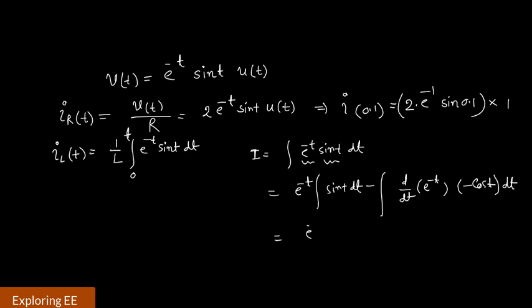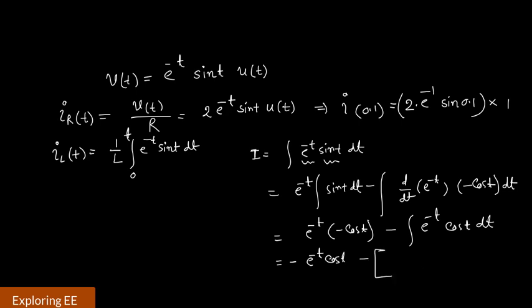So this is coming out to be e to the power minus t into minus cosine t, minus, plus again minus, so it will be e to the power minus t cosine t dt. So it will be minus e to the power minus t cosine t, and again we have a multiplication of two terms, e to the power minus t cos t.